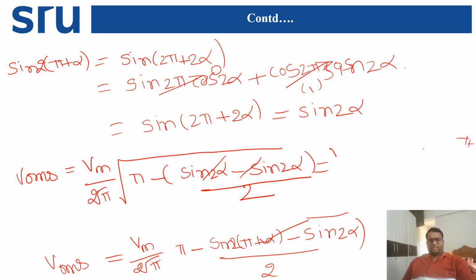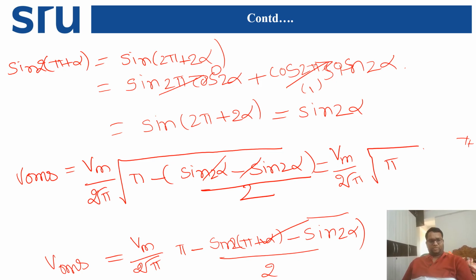Let us take it as Vm by 2 root pi, square root of pi. How will we get that? Finally, sine a plus b means sine a cos b plus cos a sine b. Sine 2 alpha will get cancelled.